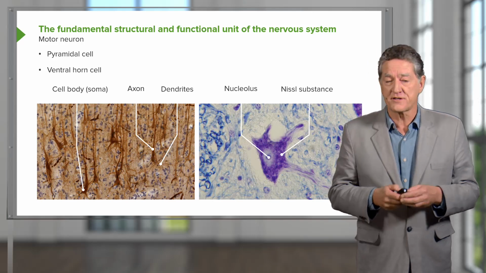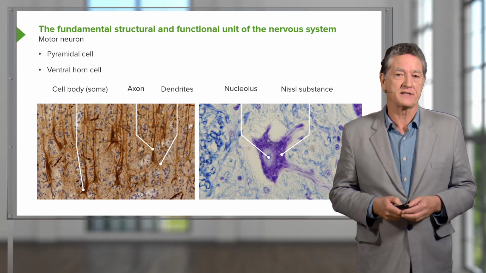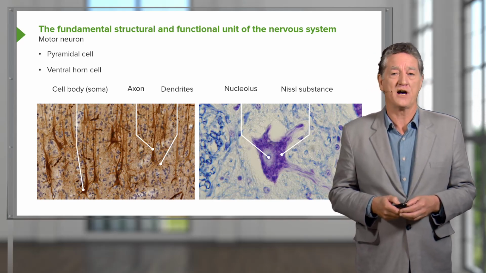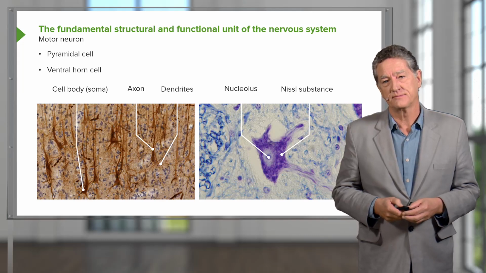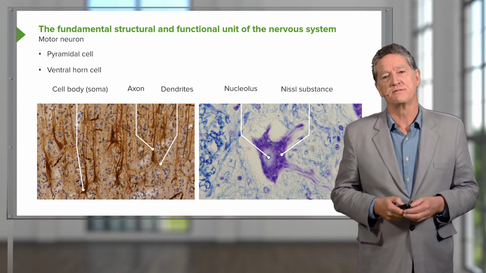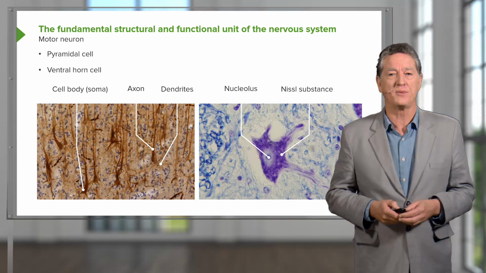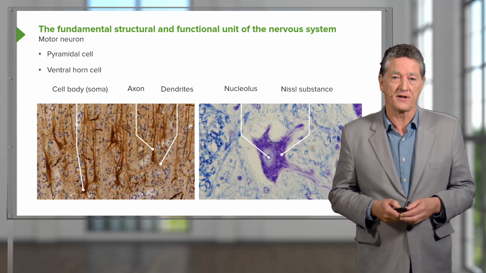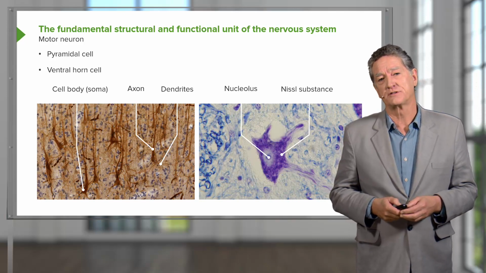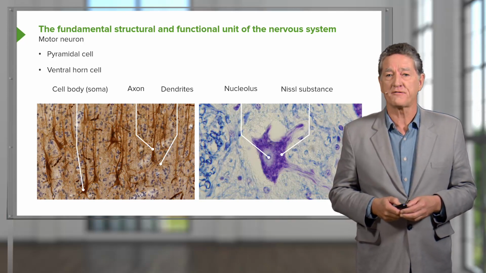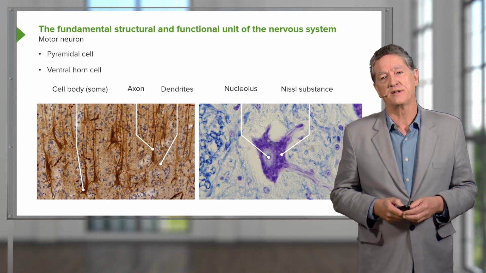And the transport from the cell body down towards the axonal processes at the end plates or the synapses, is called anterograde flow. Now things can also flow backwards from the end terminals of the axons all the way back to the cell body. That's called retrograde flow. And in fact, that's how the early neurobiologists traced where different cell bodies were located that controlled different parts of the body.